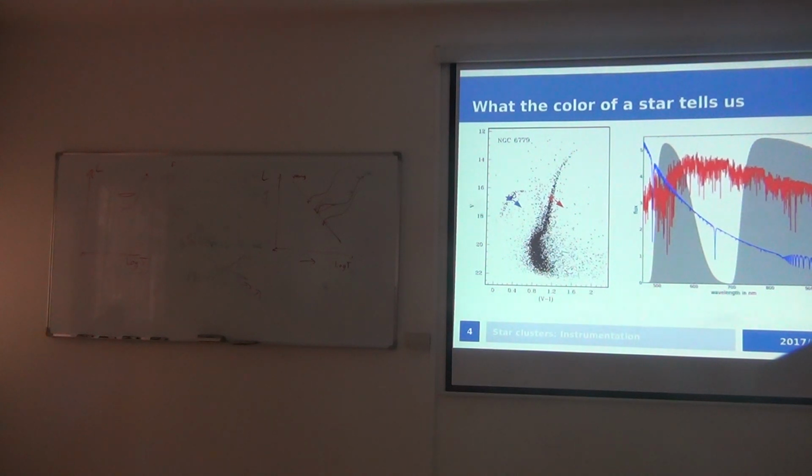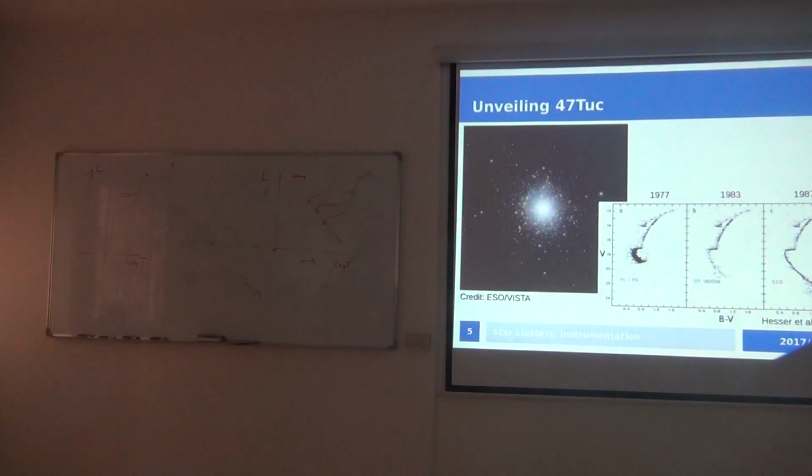So we have more absorption in the blue part, so the spectrum and the star color will appear redder. So this is why color magnitude diagrams are so important for cluster research.